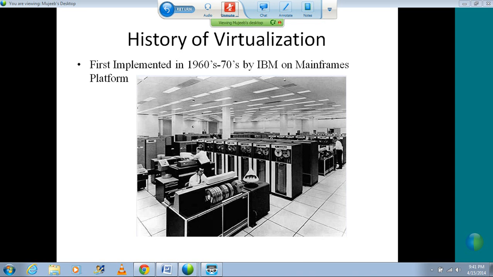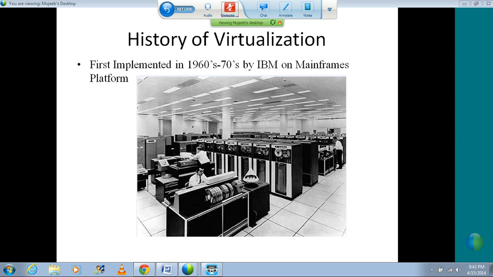The inception was in the year 2001, but the IT infrastructure started implementing it from 2004, 2005, and slowly from 2009 onwards, it was like full-fledged implementation. Each and every infrastructure adapted virtualization. So that means from the 1970s till 2001 or 2005, there was a gap of almost 20 to 25 years. Now, why was there a gap of 20 to 25 years?